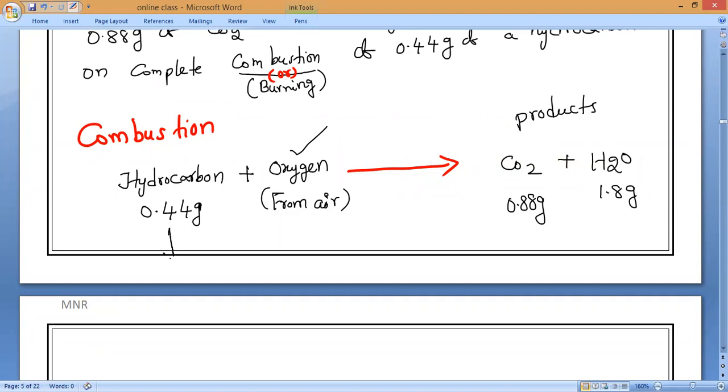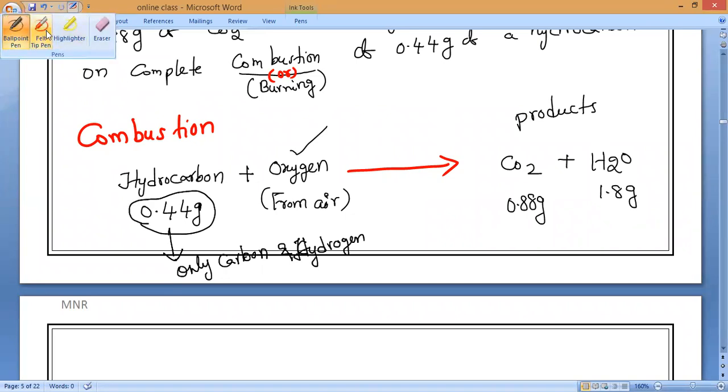So remember, a hydrocarbon contains two elements, only carbon and hydrogen. Any hydrocarbon contains only two elements. What are the elements, guys? Carbon and hydrogen. So if we take this carbon and hydrogen, what is the total mass? 0.44 grams.